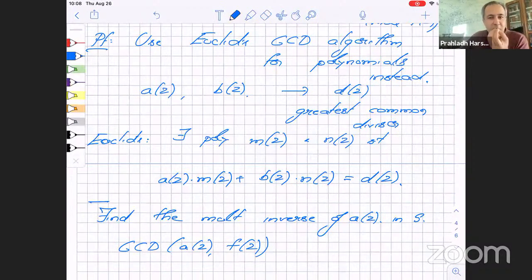One is certainly a common divisor. One is a common polynomial. Is there a polynomial of larger degree than this? Can there be a polynomial of larger degree?